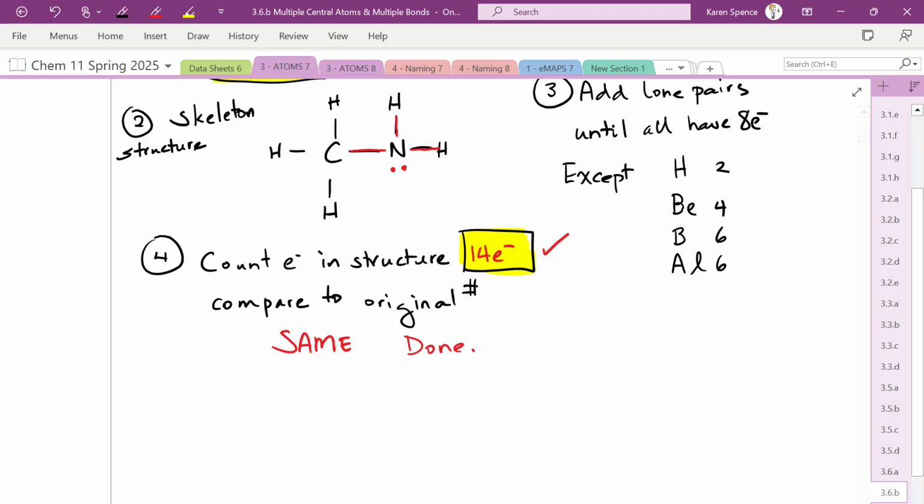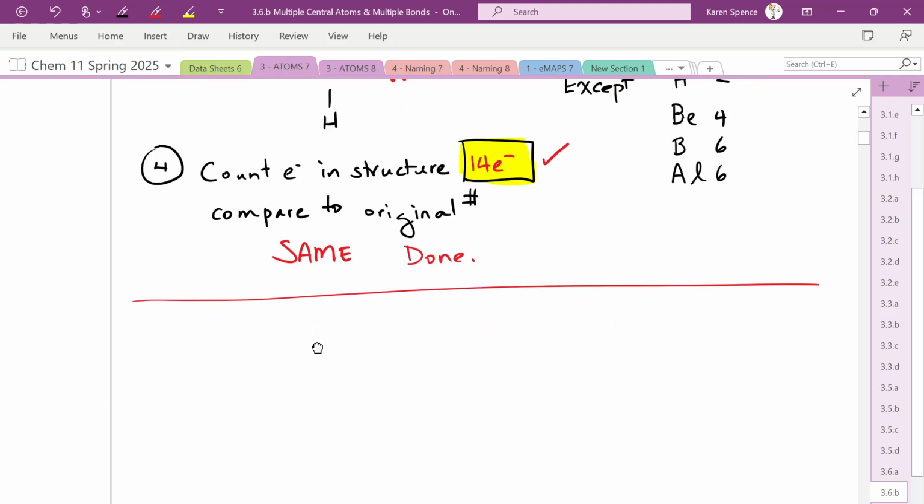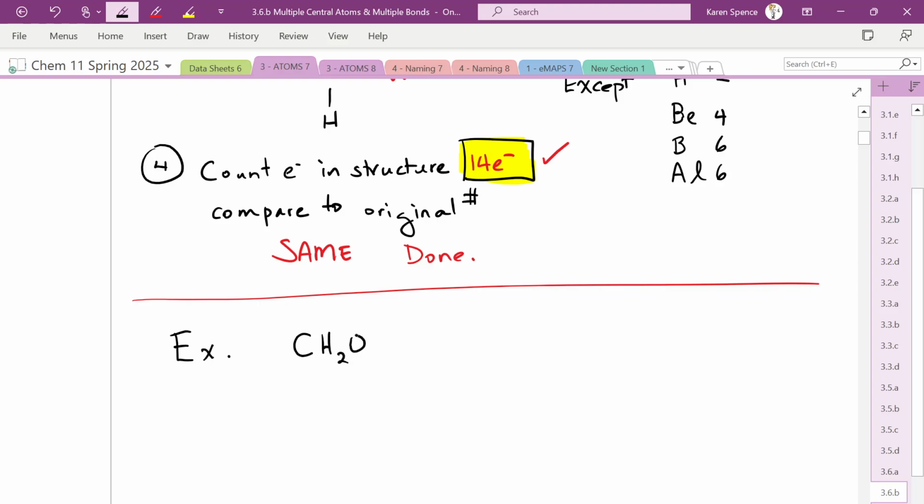Okay, so our next one is going to take a look at that. So we have, our next example is CH2O. Everyone, what's step 1? Valence electrons. Count up the valence electrons. Tell me how many you get.